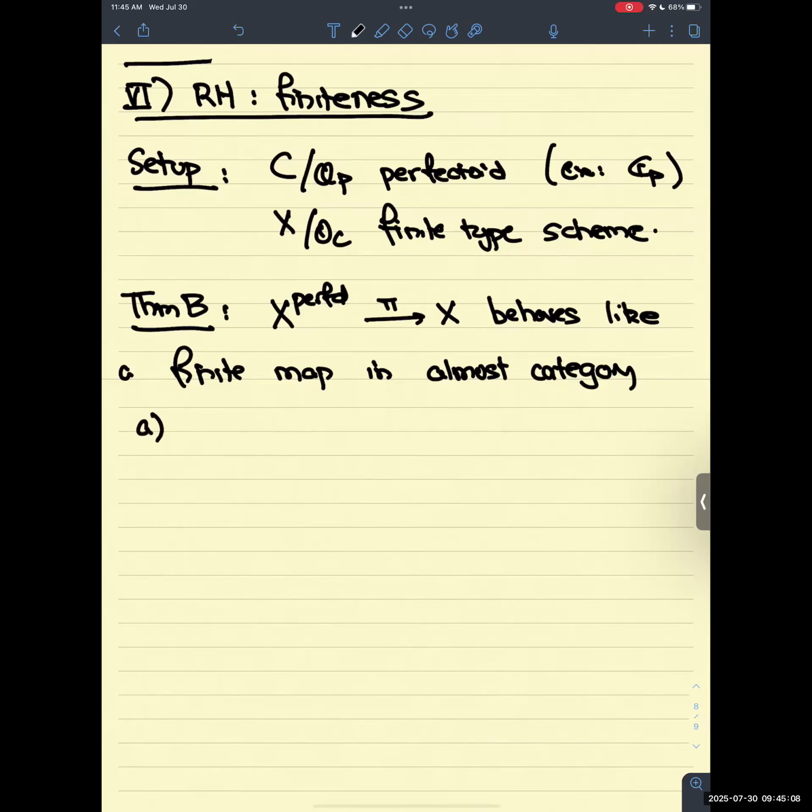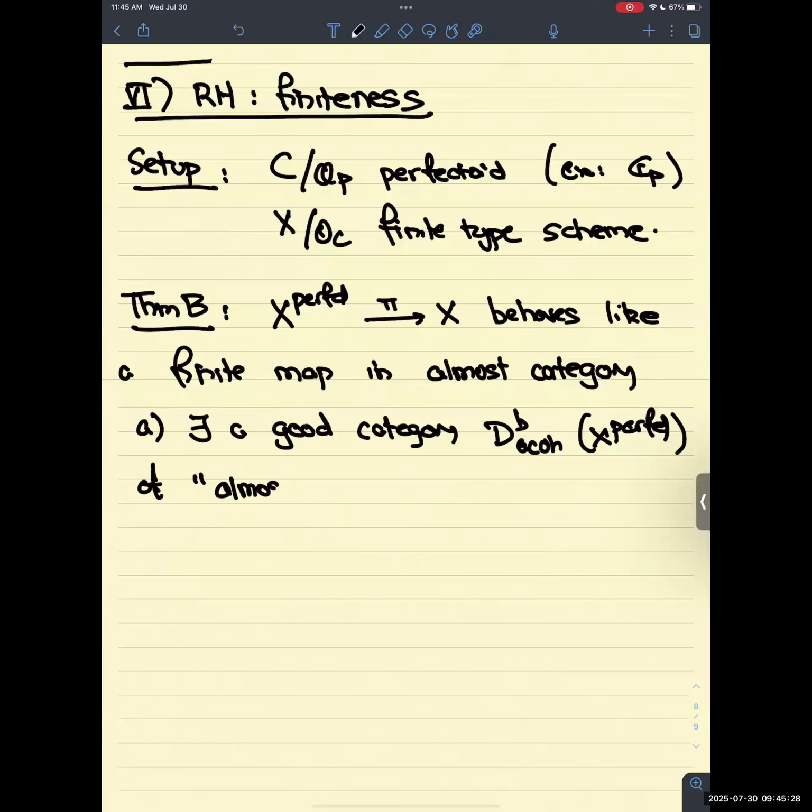So two specific statements you can say is that there is a good category of coherent sheaves in this setting, which is almost coherent sheaves. And almost coherence is, let me write this down, almost coherent sheaves.